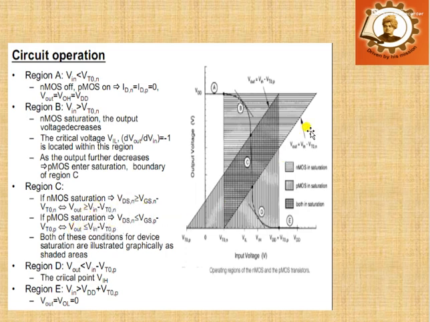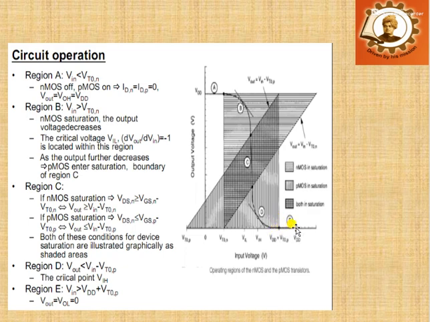So both these conditions for device saturation are illustrated graphically in the shaded region. That means in region C both the MOSFETs will be in the saturation region. Next, in region D, Vout is less than Vin minus VTP. So this is called your critical point VIH. And next, region E, when Vin is greater than VDD minus VTP, Vout equals VOL equals 0. So that is your last region.